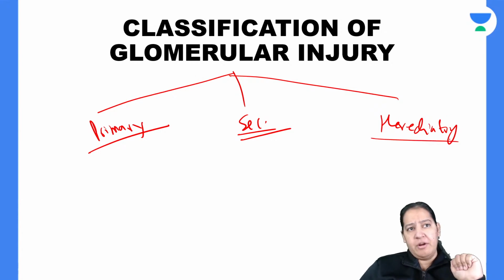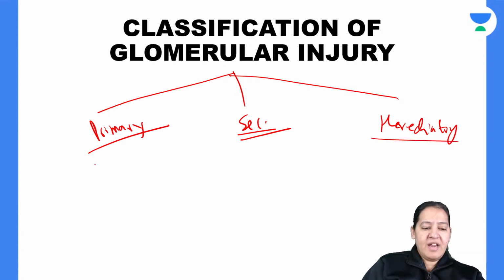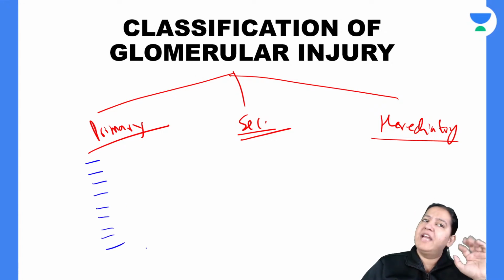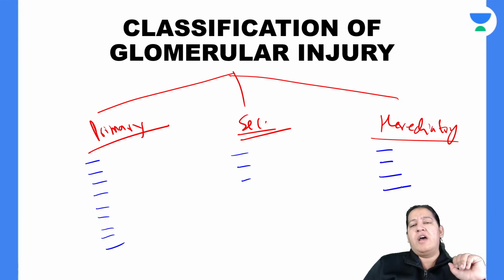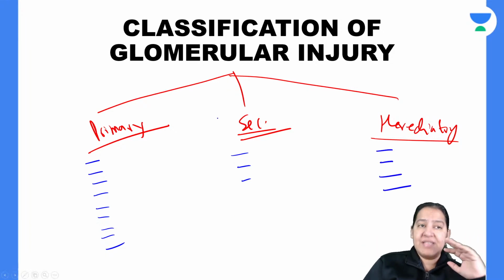In primary, there are basically 9: 1, 2, 3, 4, 5, 6, 7, 8, 9. In secondary there are many, but 2 or 3 are important, so I will teach you only 3 from the secondary. In hereditary, there are 4. So these many glomerulonephritis I have to teach you.